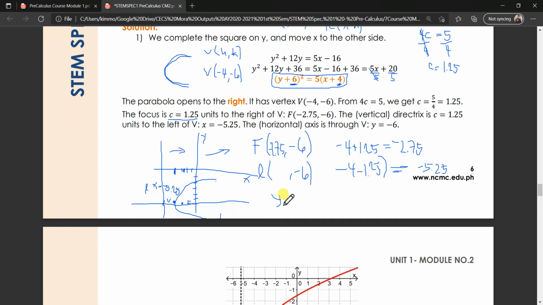So our axis of symmetry is y equal to negative 6. So these are our answers. The axis of symmetry is y is equal to negative 6. Our directrix is x is equal to negative 5.25. Our focus is located at negative 2.75 and negative 6. Then our vertex is negative 4, negative 6.